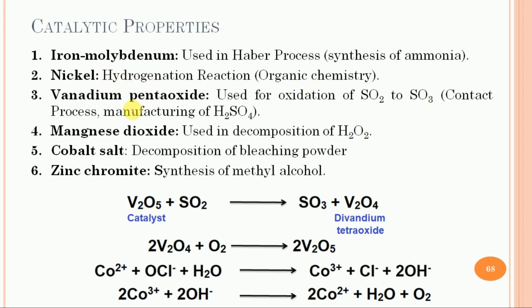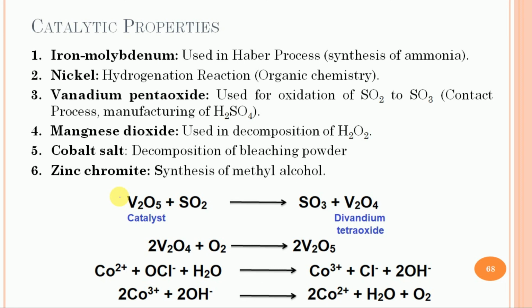Vanadium pentoxide is used for oxidation of sulfur dioxide to sulfur trioxide, which is used in the contact process for manufacturing sulfuric acid. Manganese dioxide is used as a catalyst in the decomposition of hydrogen peroxide. Cobalt salt is used as a catalyst for the decomposition of bleaching powder. Zinc chromate is used in the synthesis of methyl alcohol.